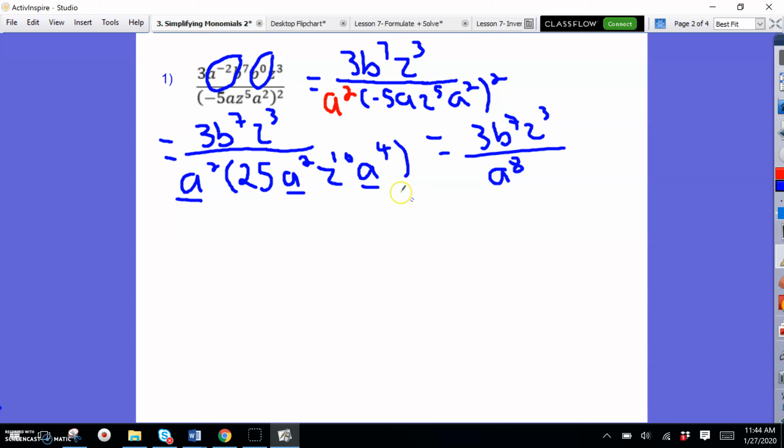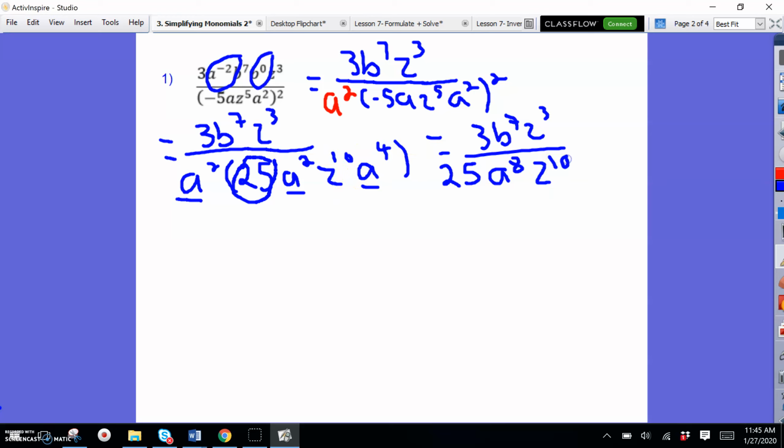Now, for 25, there is no other coefficient to multiply 25 by, so it's just 25. I always like to put my coefficients in the beginning. It just looks better. Again, you can put times a to the 8th times 25, but it looks kind of funky. And then I have this z to the 10th that is not being multiplied by anything, so it's just z to the 10th.